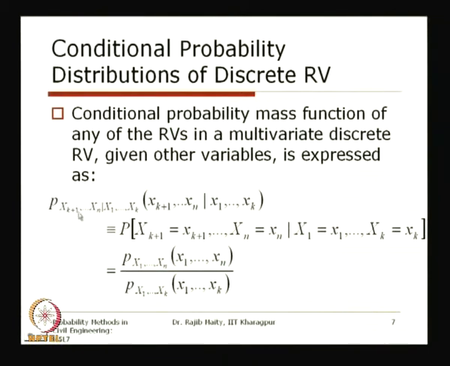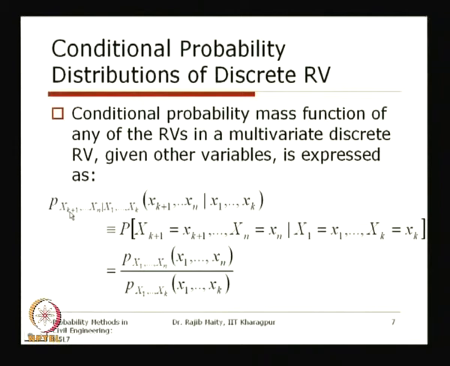It is not only that. Here one specific case is shown, where we are taking k plus 1 to xn on condition of x1 to xk. It is not necessarily that the random variables we consider should be one after another. You can pick any random variable of your interest and condition on whatever.